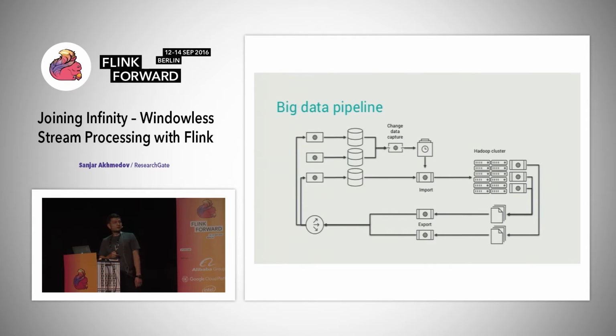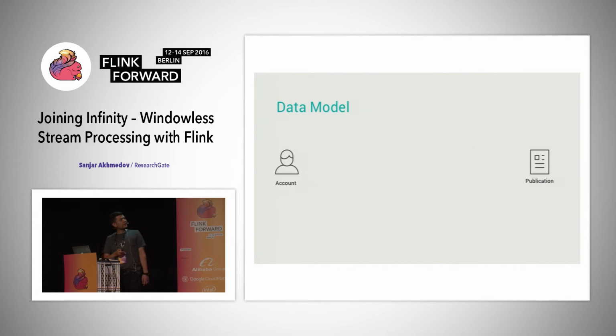And to solve our join problem, first I have to talk about the data model. On one side we have a publication, and on the other side we have a registered account. The publication can be authored by multiple authors.